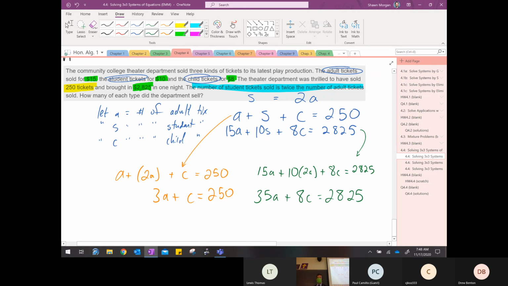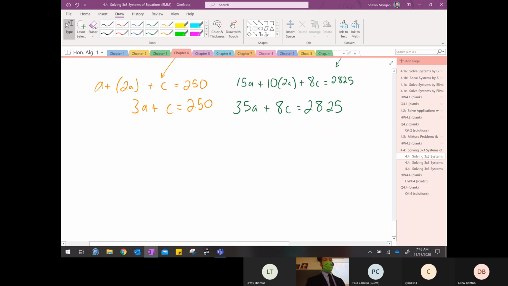That's now our 2x2 system. And you could solve that system using elimination or substitution, whatever floats your boat. Okay, let's go ahead and use elimination just because I kind of like that. Here, let's pull this down here. Can we just multiply the top one by 8? Okay. 8 times 3 is what? 24, and then 8C. 8 times 250 is 2,000, right?